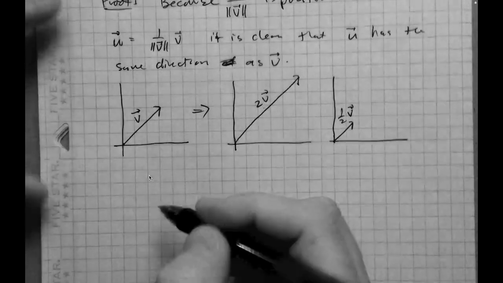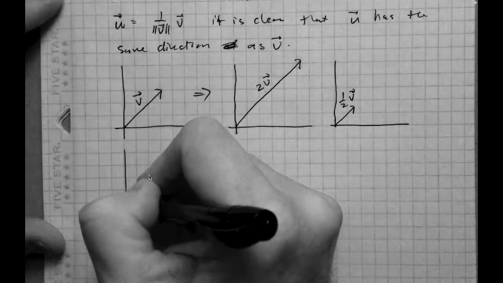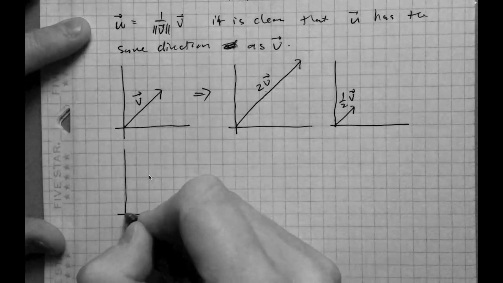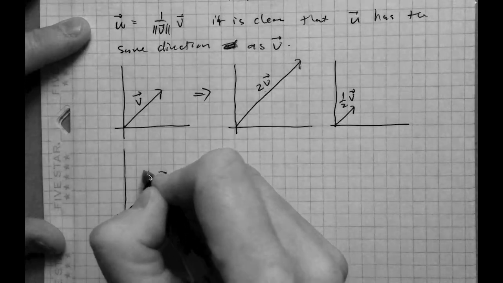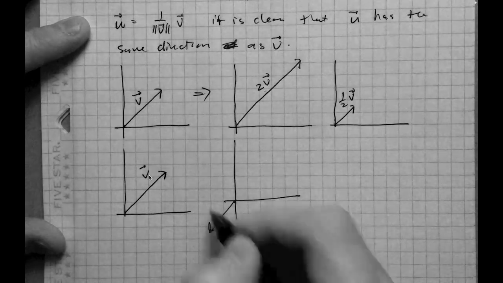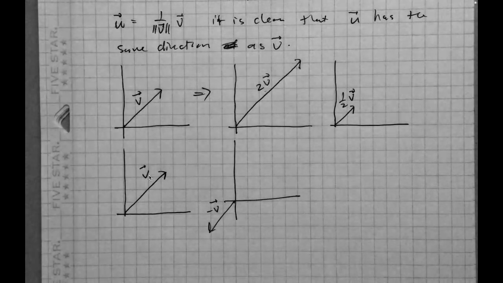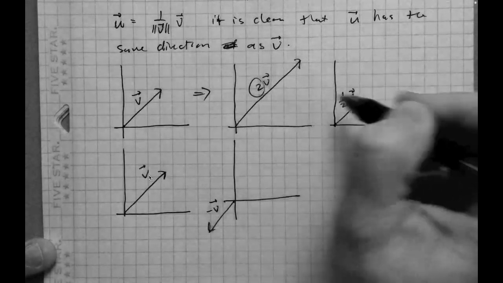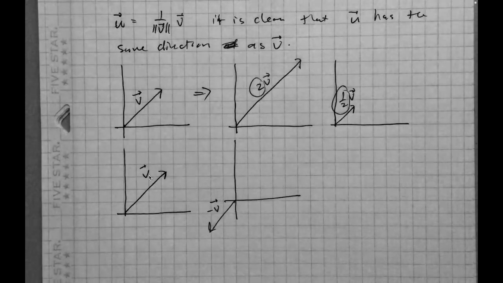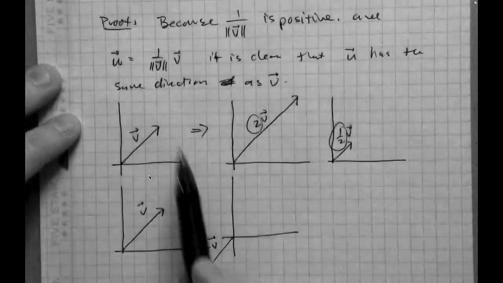Now, it is possible to change the direction of a vector by scalar multiplication, but that only happens when you multiply by a negative. If I multiply by a negative, it can flip it to the other direction. But so long as the scalars are positive, all it does is lengthen or shorten the vector. It has no impact on the direction. So that's the idea here for the first part.